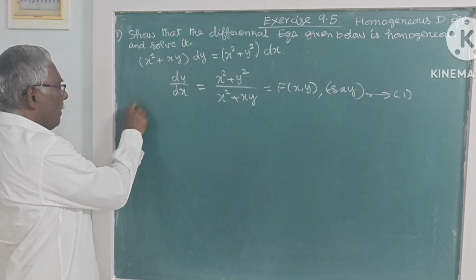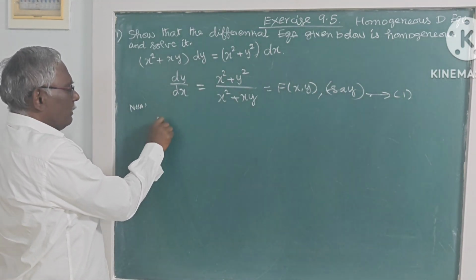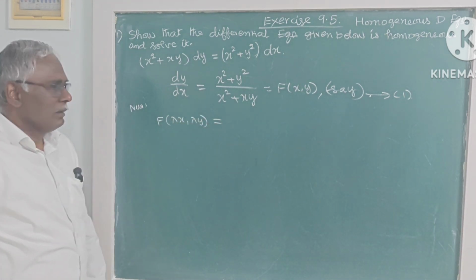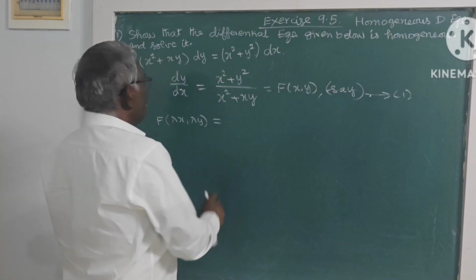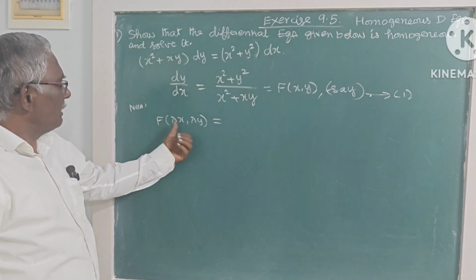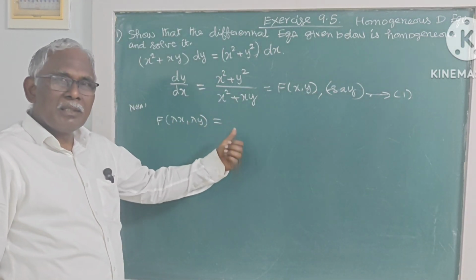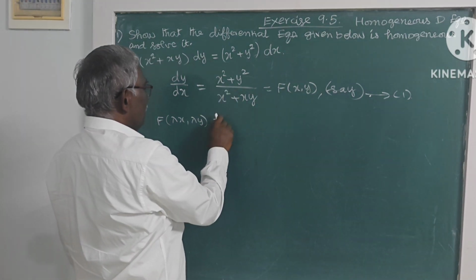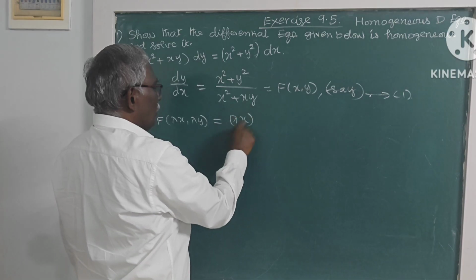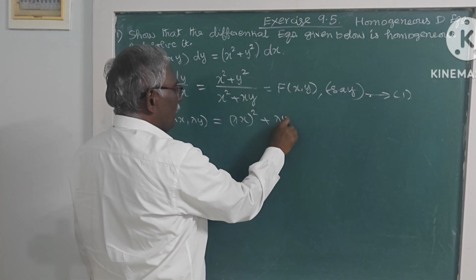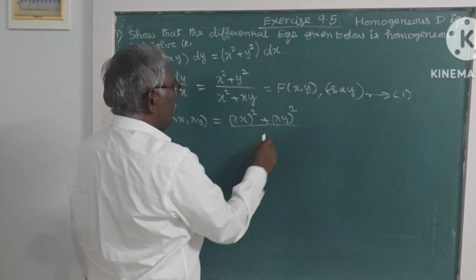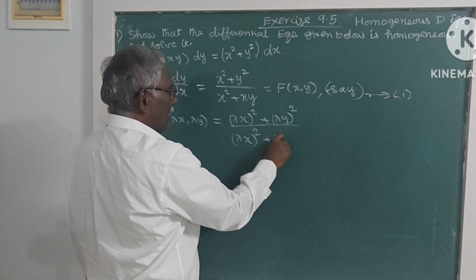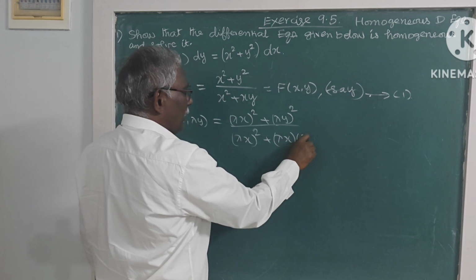Now, what is f of lambda x comma lambda y? Wherever x is there, we have to replace x by lambda x and replace y by lambda y. So we get (lambda x) whole square plus (lambda y) whole square by (lambda x) whole square plus lambda x into lambda y.